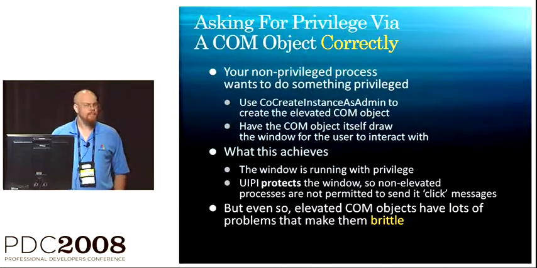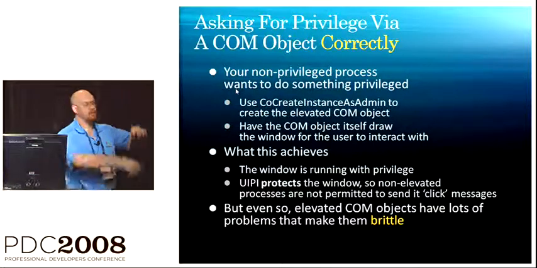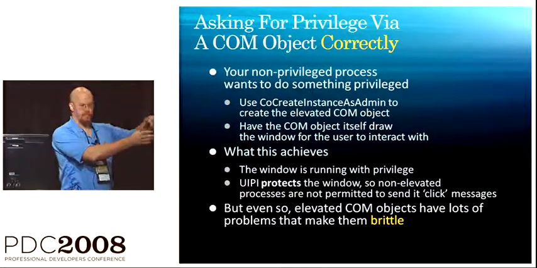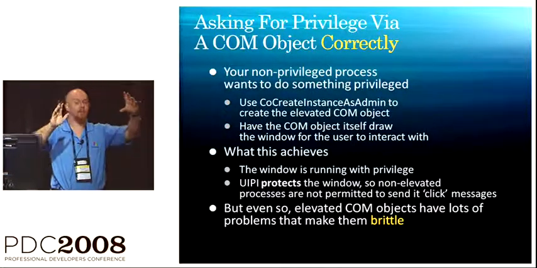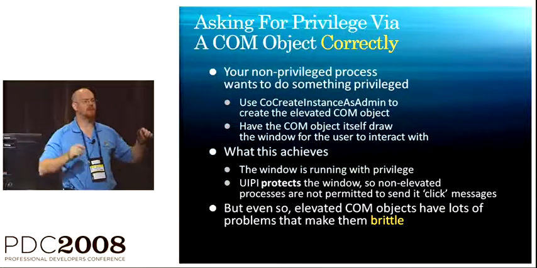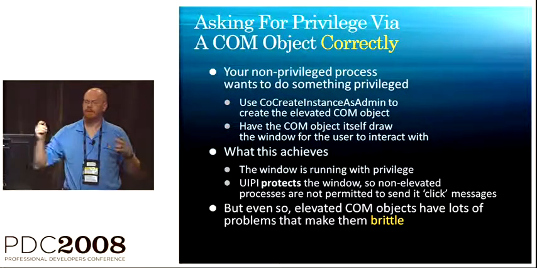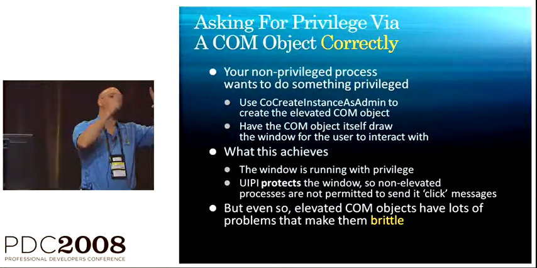Doing it correctly, your non-privileged process wants to do the privileged thing, and so you create the privileged COM object, and the COM object itself should draw the GUI. Now the GUI is running high, which means that it's protected by a Windows feature called UIPI. And that means that applications that are not privileged don't get to send it messages.